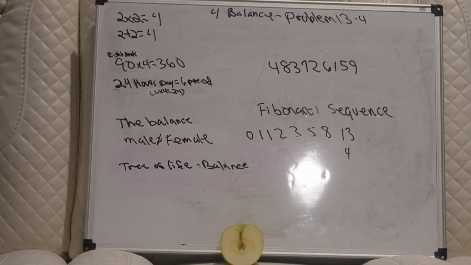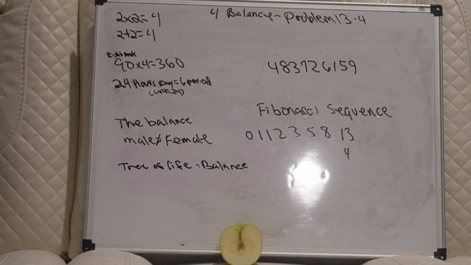So there's a lesson in this. I'm going to call this lesson number 4. And once again, it's going to be about balance. And I always try not to go more than 30 minutes on a lesson. So this will require some studying on your own as well.